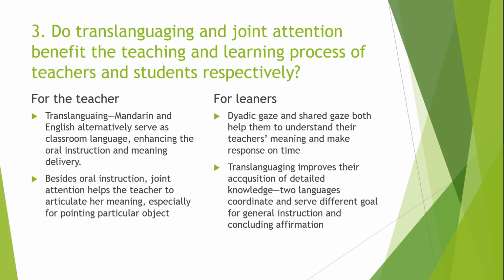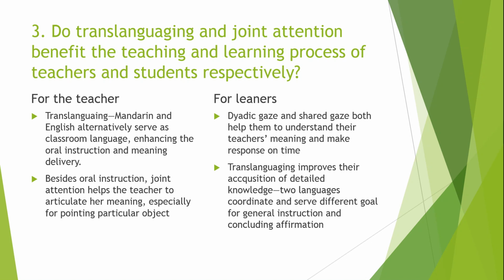For question 3: do translanguaging and joint attention benefit the teaching and learning process of teachers and students respectively? Okay, for the teacher, translanguaging, with Mandarin and English alternately serving as the oral classroom language, enhances oral instruction and meaning delivery.